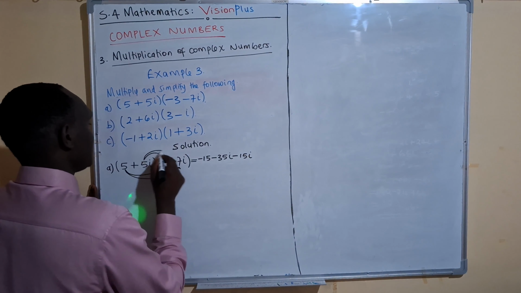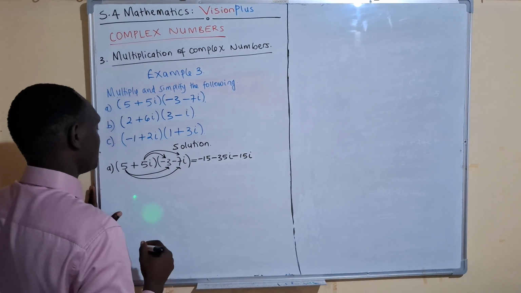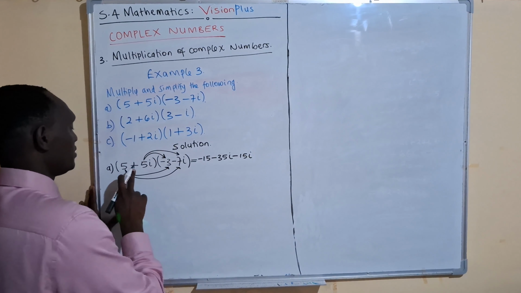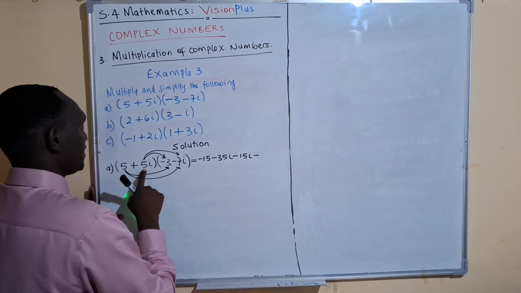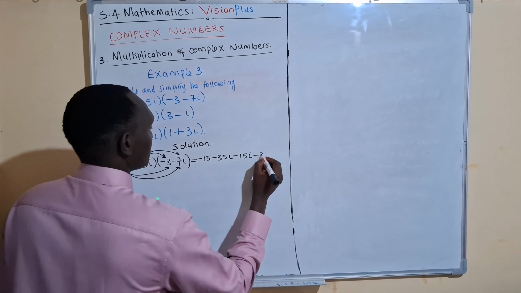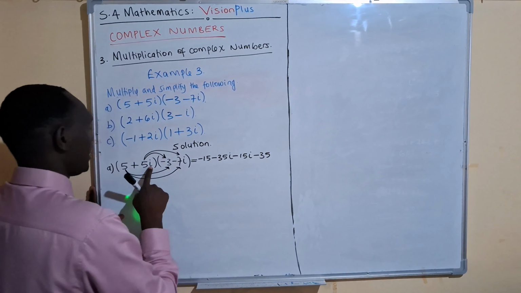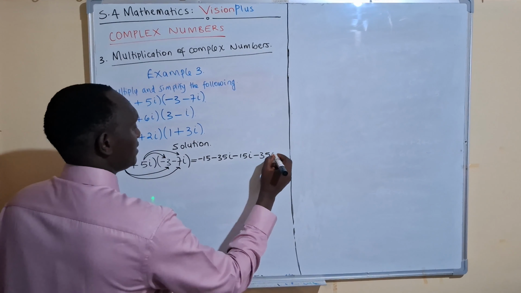Then again, 5i times -7i: first of all, positive times negative is negative, 5 times 7 is 35, and i times i is i squared.